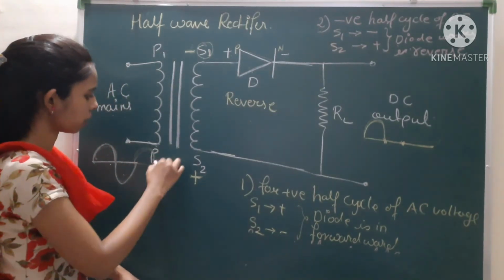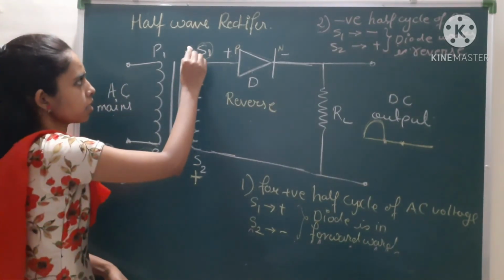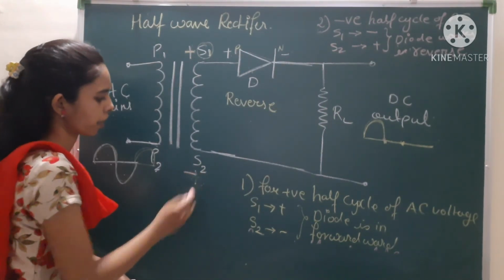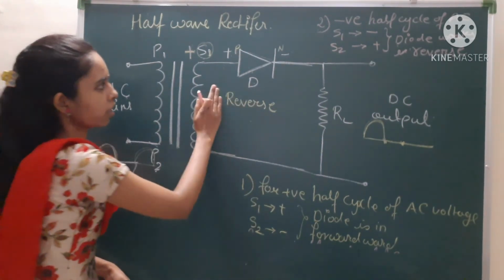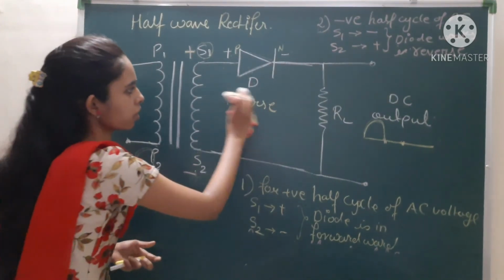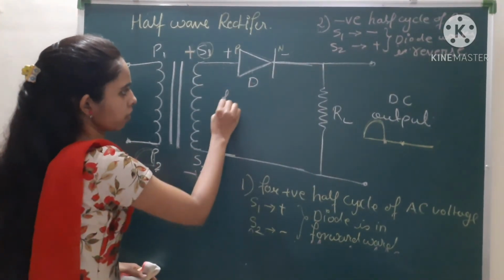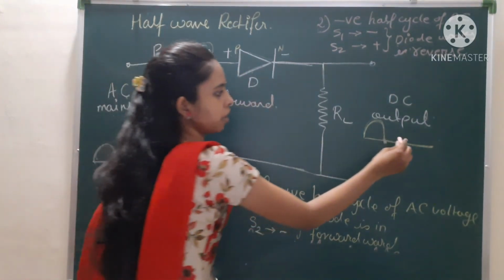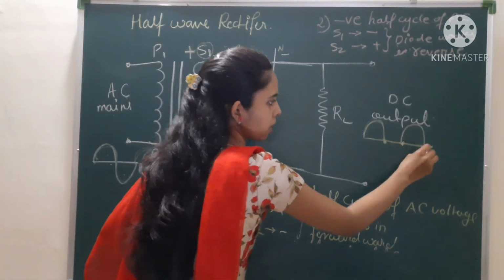Again, for the next positive half cycle, S1 will become plus and S2 will become minus. Therefore, again this diode works in forward bias, and at the output you will get one cycle.